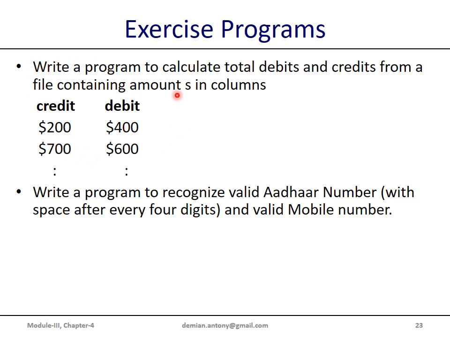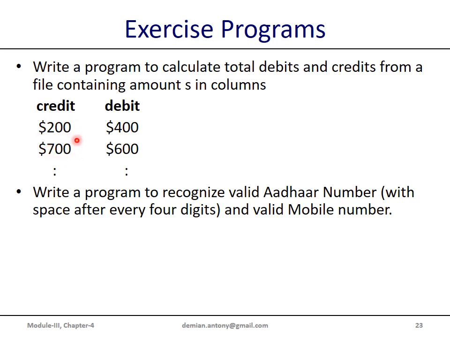This program is to read a file having a first column and a second column. You read from the second line onwards. Again you try to recognize these fields, whether it starts with a dollar. You can give a backslash dollar, followed by a regular expression to match the whole number like this.